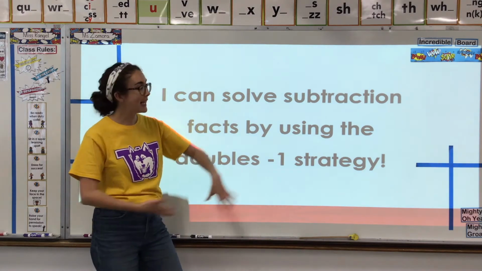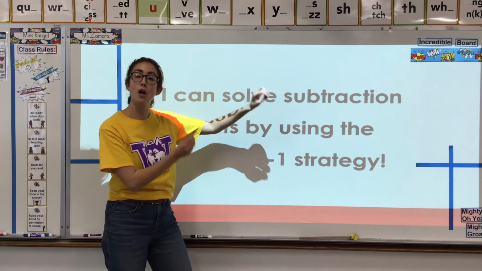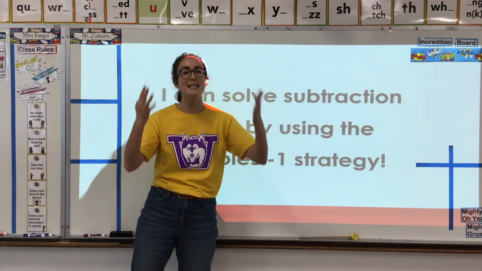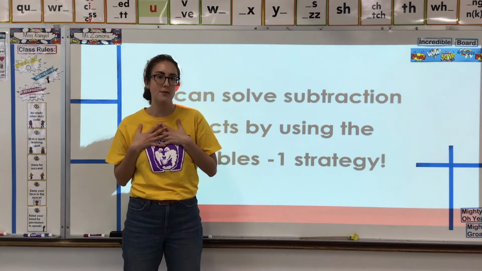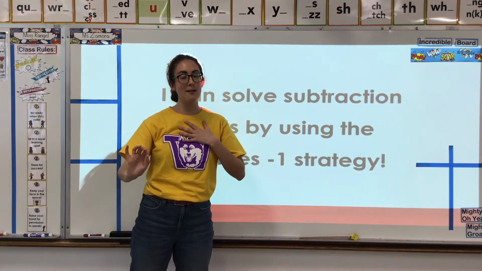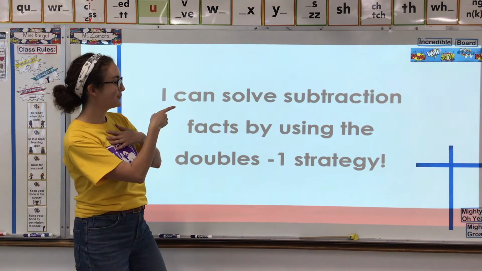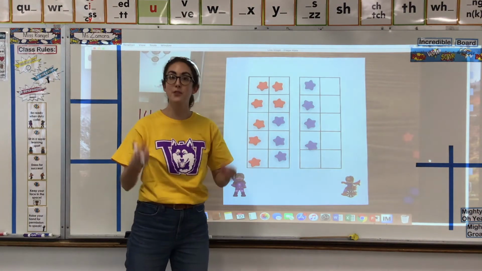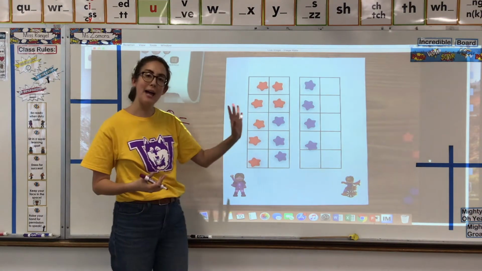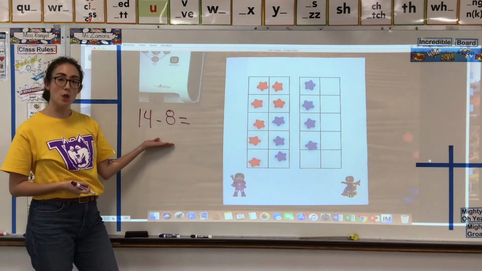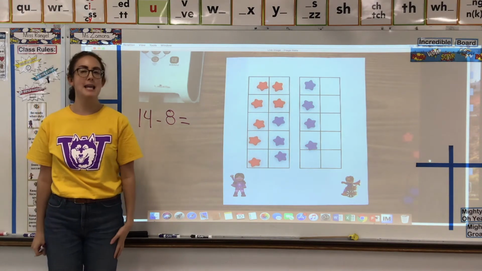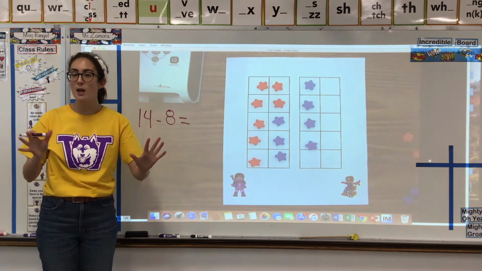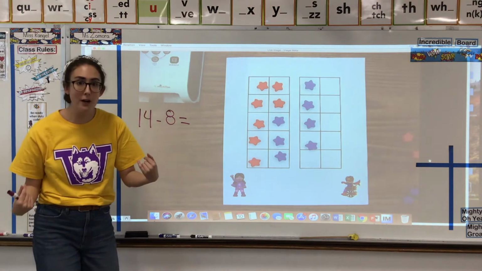We're going to take a look at our 10 frames and our eraser counters to really see how this strategy works before we try to use it ourselves. So just sit still and let's take a look. Okay, so first up, we're going to solve the subtraction problem 14 minus 8. Guess what? We don't have to count down on our fingers.